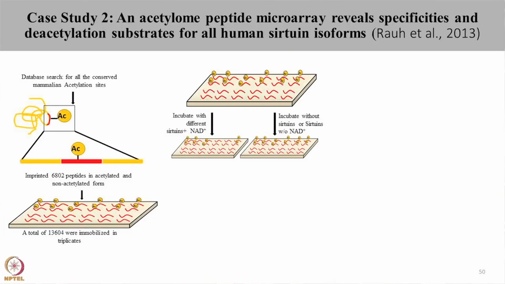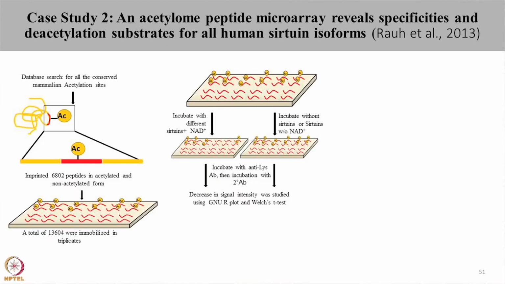These peptide arrays were further incubated with different isoforms of sirtuins and without sirtuins, and they were also incubated with and without NAD to check for the activity of sirtuins. These peptide arrays were further probed with primary and secondary antibody to look for the change in the level of acetylation upon incubation with sirtuins.